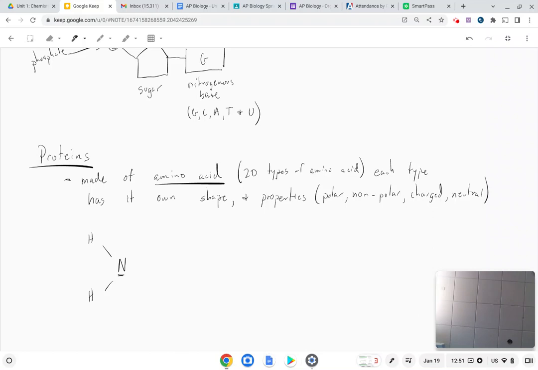So nitrogen is actually a nutrient. Have you guys ever fertilized your garden or the lawn out front? One of the main ingredients in fertilizer that you spread on grass is nitrogen, because grass is very often deficient in nitrogen. So you add the nitrogen and it gives it the ability to grow.